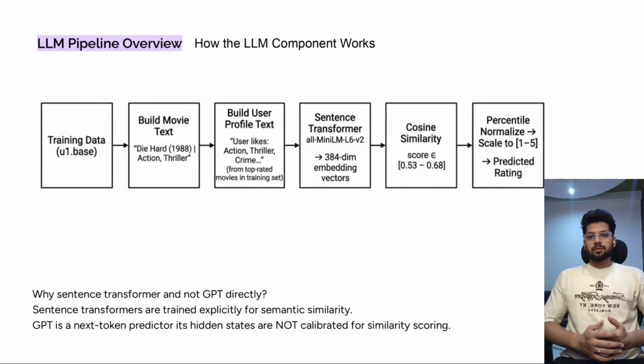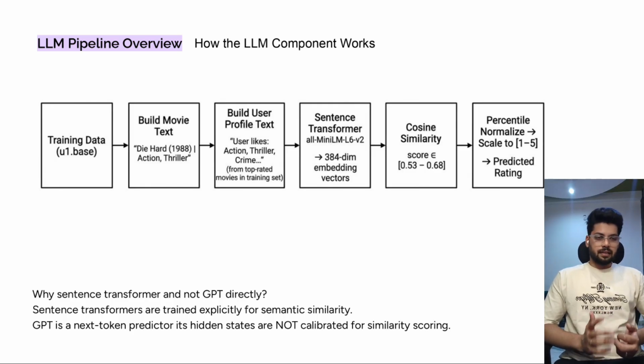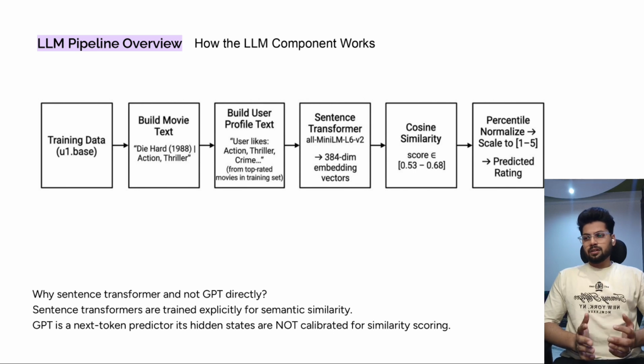Let me walk you through how the LLM components actually work in the project. We start with the training data from u1.base. From that we construct a text description of every movie, like title, genres, and release year, as a simple one-line string. Then we also build a text profile for every user: what movies they look at, what ratings they give to the movie genres, and we build a sentence saying that this user specifically likes crime and thriller films.